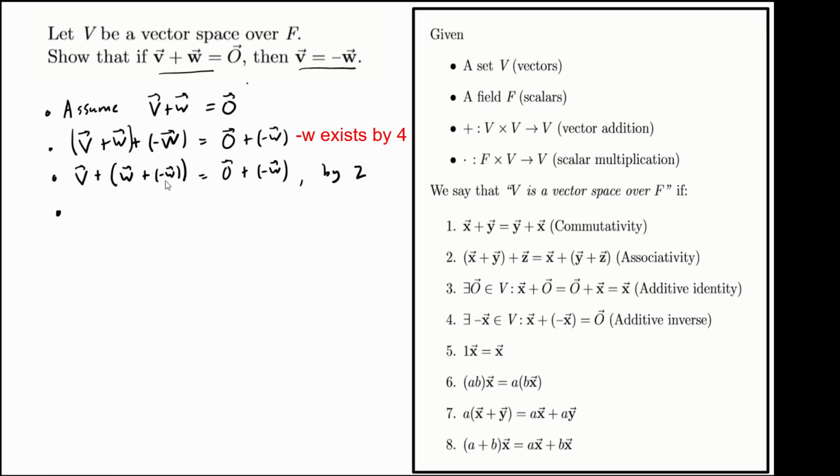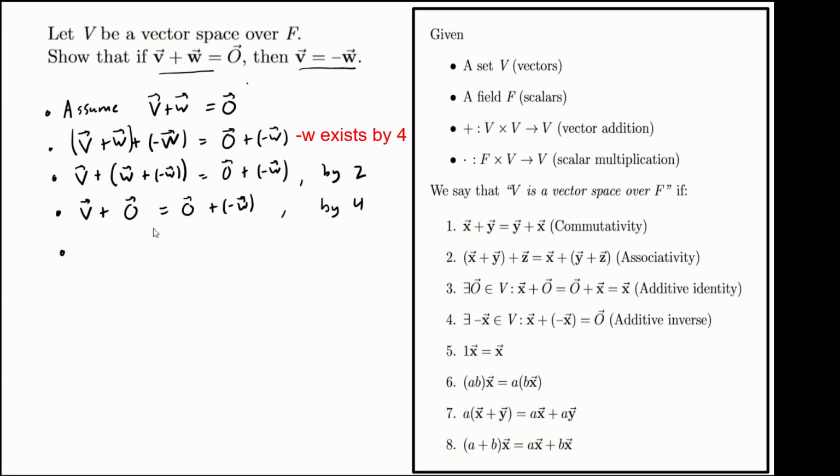Now I use the definition of the additive inverse right here. So I have V plus the zero vector is equal to the zero vector plus minus W. And that is by 4, right? Because that's the definition of the additive inverse.